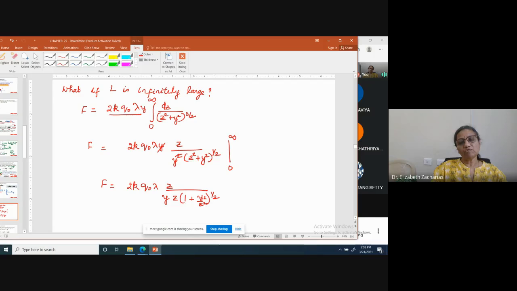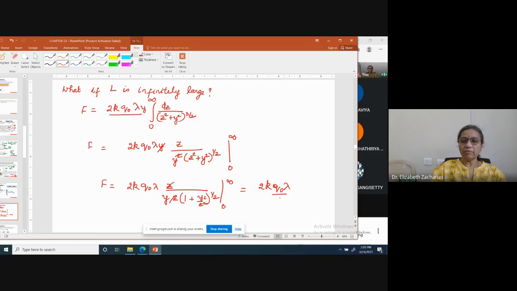When I take z square out of this under root, what will I get? It becomes z, and it becomes 1 plus y square by z square. And now substitute the limit 0 to infinity. This z and this z will go. So now what will happen? Anyone? Hey, you are all mathematics students, yeah?